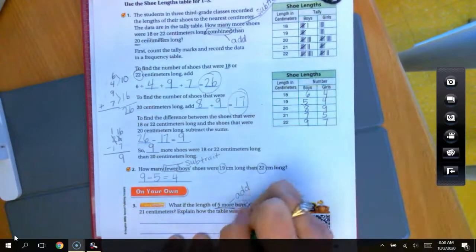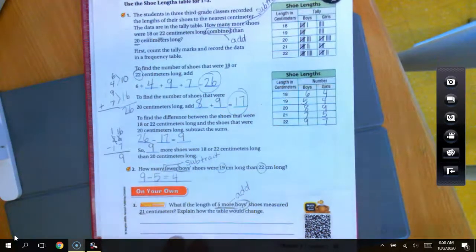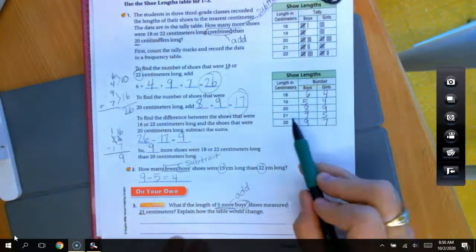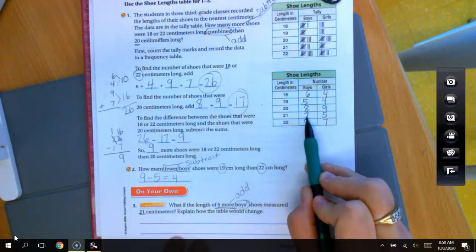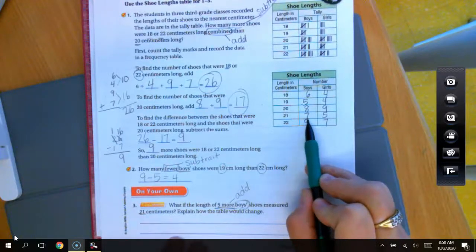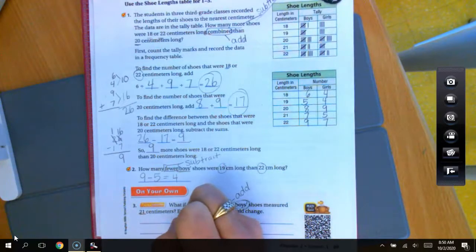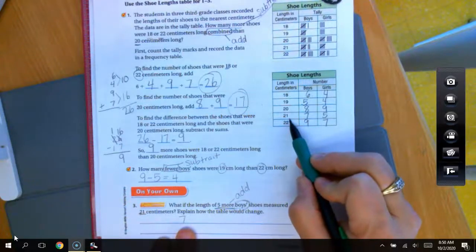I only care about the boys' shoes right now, and I'm looking at 21 centimeters. So if I go over to 21 centimeters, I know that there are 7 boys that have shoe lengths of 21 centimeters.